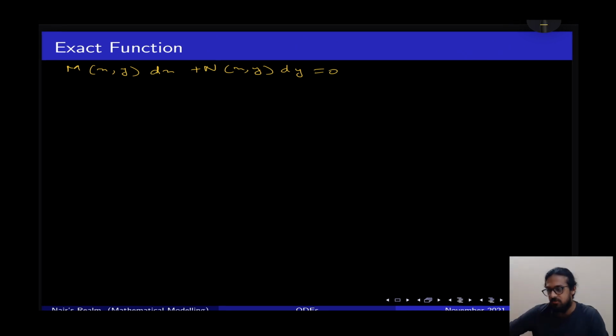Now again for exact differential equations, let's start with the same form. I have this form of the differential equation.